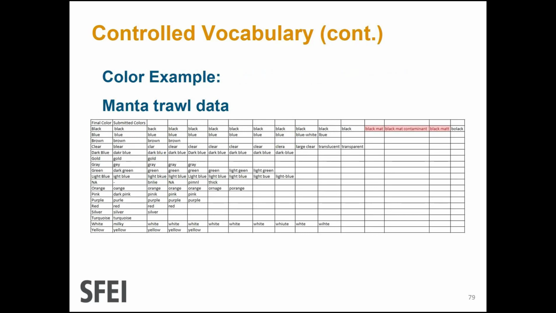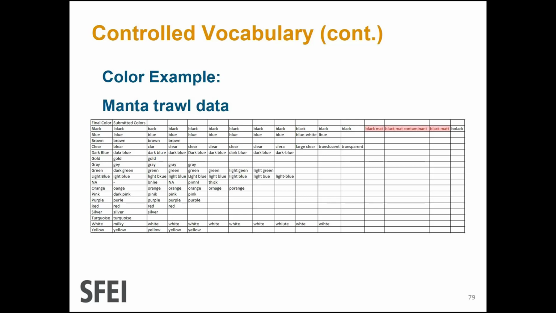So with color, with this project, we didn't have that nice color key that they have moving forward, which is a great improvement. But for just one matrix, this is an example of all the different values that we saw. And then in the far left column, sort of what we ended up coalescing to.